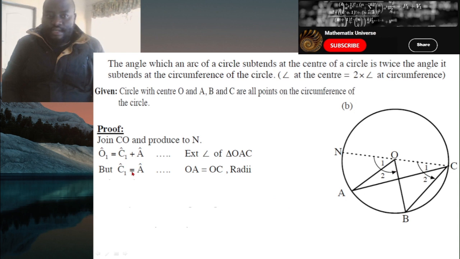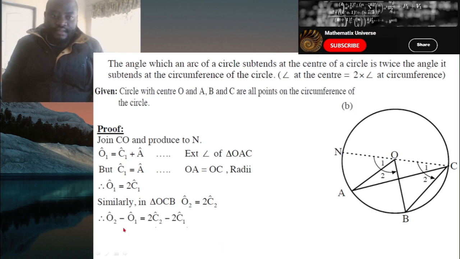Again, we say C1 and A are equal. Substituted here where there's A, we get O1 equals 2C1. Similarly, we do the same thing in the other triangle, OCB. Then we get that the whole of O2 will be 2 times C2.